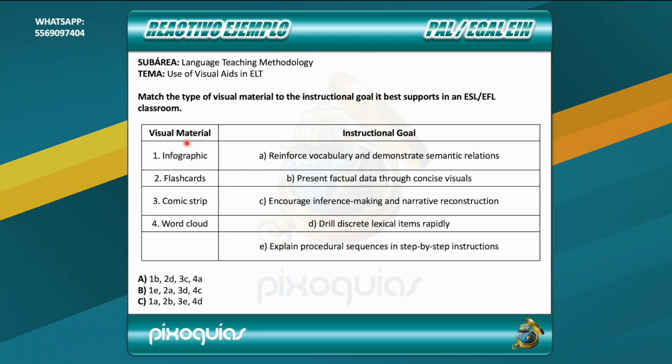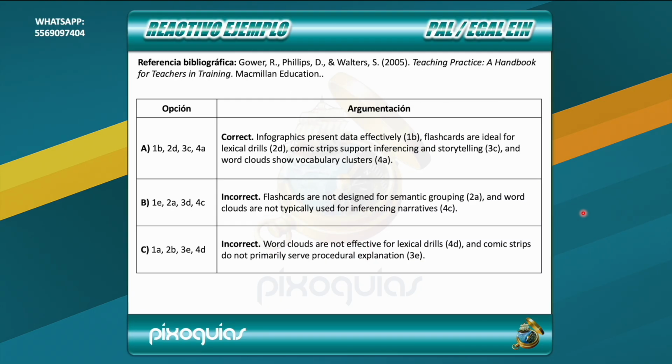The visual material 1, infographic, matches with B, present factual data through concise visuals. 2, flashcards with D, drill discrete lexical items rapidly. 3, comic strip with C, encourage inference making and narrative reconstruction. And 4, word cloud with A, reinforce vocabulary and demonstrate semantic relations.